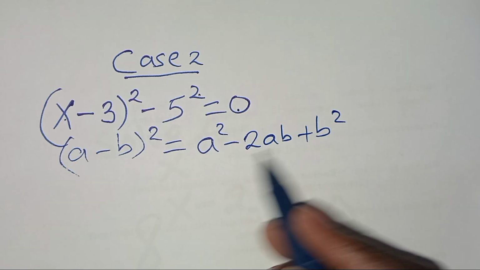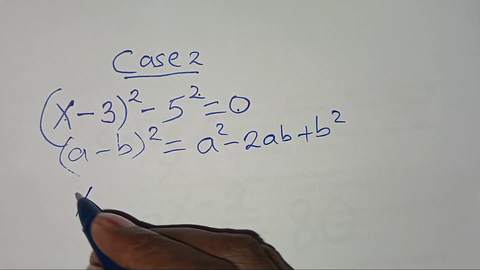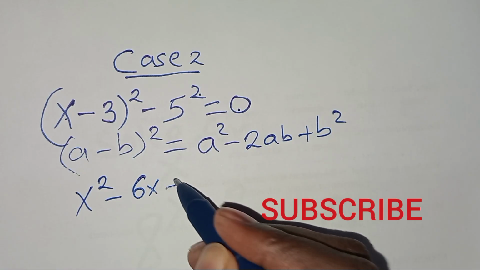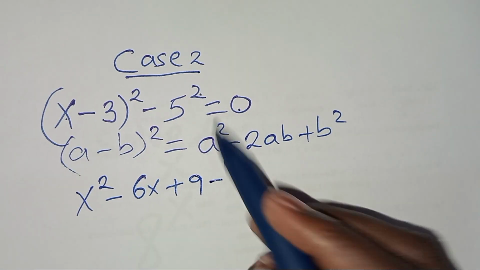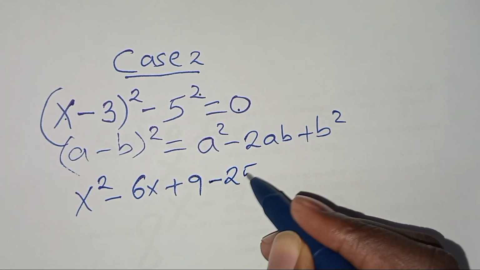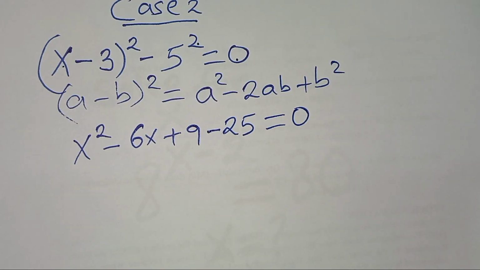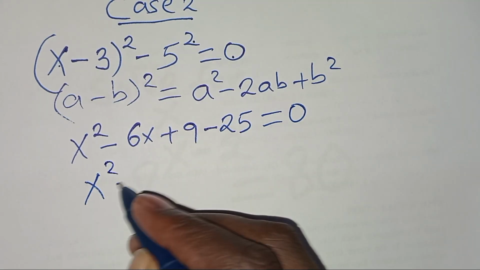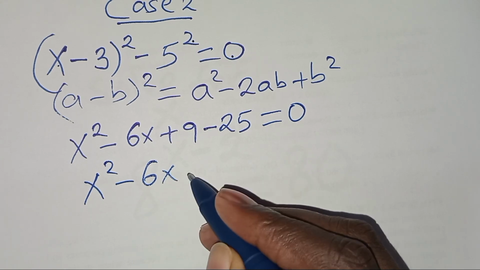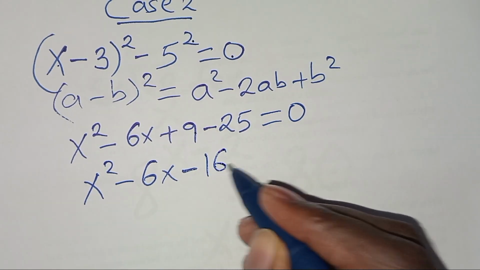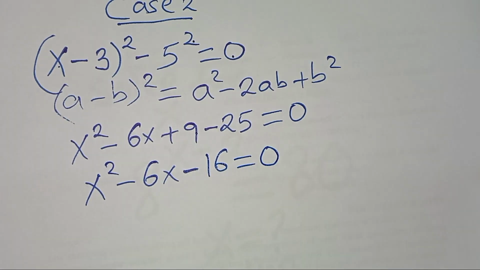So applying this algebraic property, we'll have x squared subtract 6x plus 9 subtract 5 squared, which is subtract 25, equal to 0. Now from here, we'll have x to power 2 subtract 6x, subtract 9 subtract 25, this is minus 16, which is equal to 0.